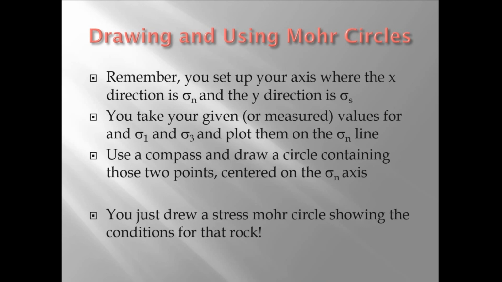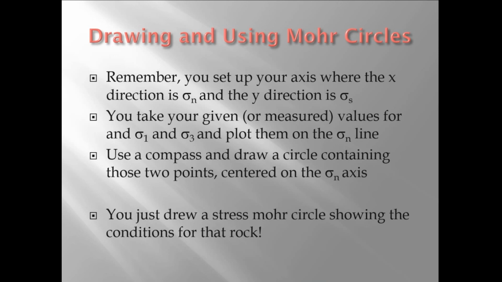So you'll have 2 points. Find the center between them and draw a circle that has that diameter to include your sigma 1 and sigma 3. And you have your Mohr circle. It tells you exactly what the conditions are in your rock. If you plot your Coulomb failure envelope, you know how safe your rock is, so to speak.